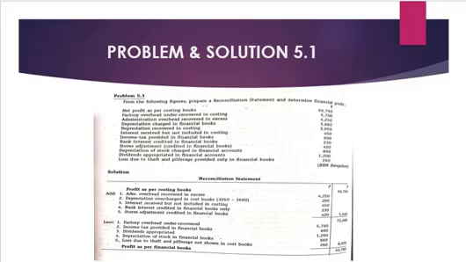And if there are more expenses shown, then there is less profit. And if there are less expenses shown, there is going to be more profit. Similarly, if there is less income shown, there will be less profit. And if there is more income shown, there will be more profit. So accordingly, the adjustments have got to be done.